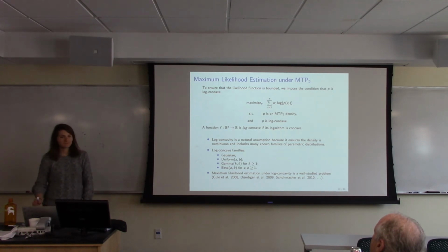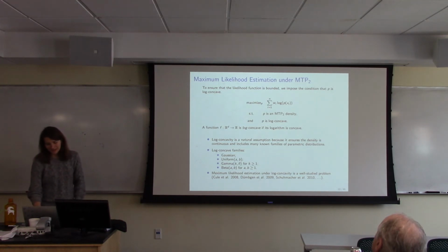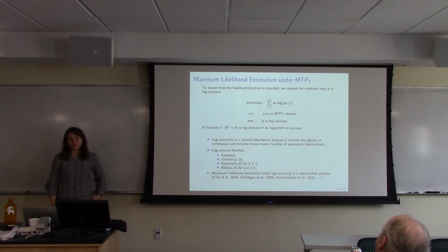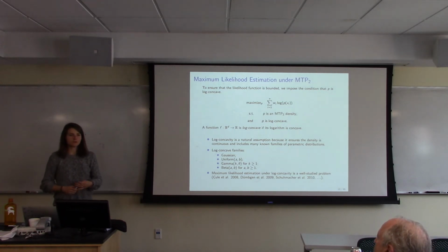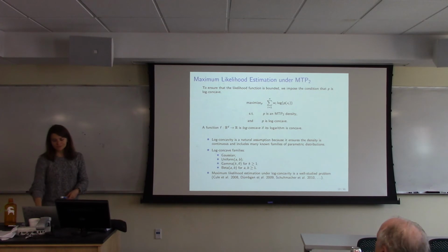So that's fine. And as a bonus, maximum likelihood estimation under log-concavity is a very well-studied problem, and there's a lot of theory that we can use and try to see if we can prove the same results that hold for log-concave density estimation. I have a question.